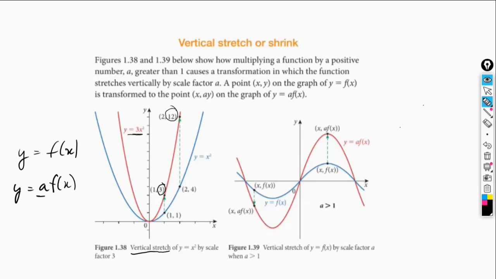So the x coordinates stay the same, but the y coordinate is multiplied by a factor of 3. Obviously this is going to make the graph go up quicker, so it's going to stretch it vertically. Whenever the value a is greater than 1, you have the vertical stretch. Notice that here you have the coordinate x comma f of x, and this new coordinate would be x comma a times f of x.